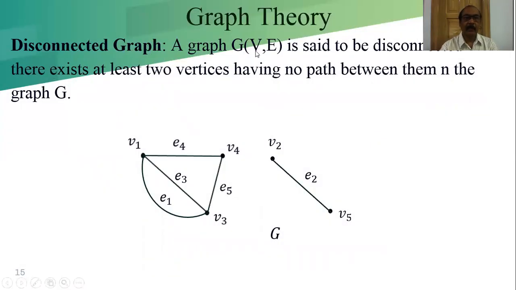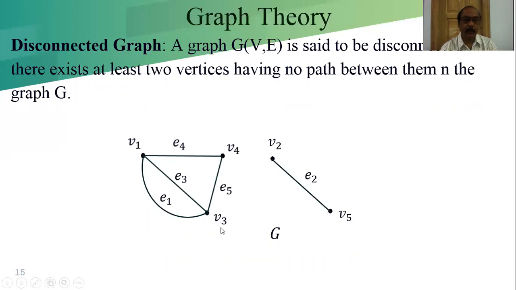Disconnected graph. A graph G(V,E) is said to be disconnected if there exist at least two vertices having no path. If we consider this graph, there is no path between the vertices V1 and V2. There is no path between V1, V4 and V5, or V3 and V5. We cannot reach from V1 to V5, V4 to V5, or V3 to V5.